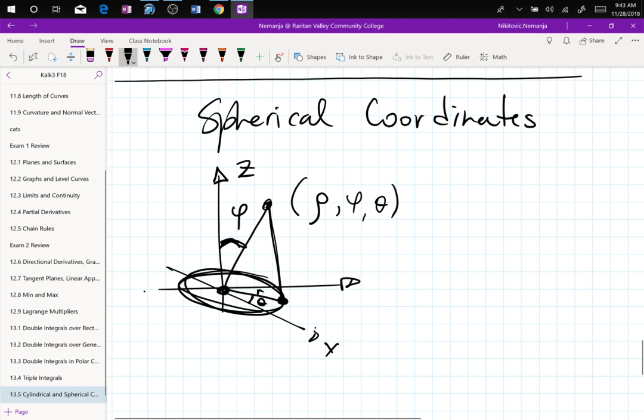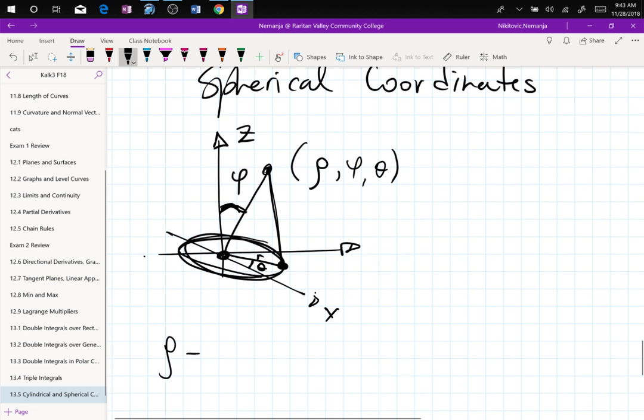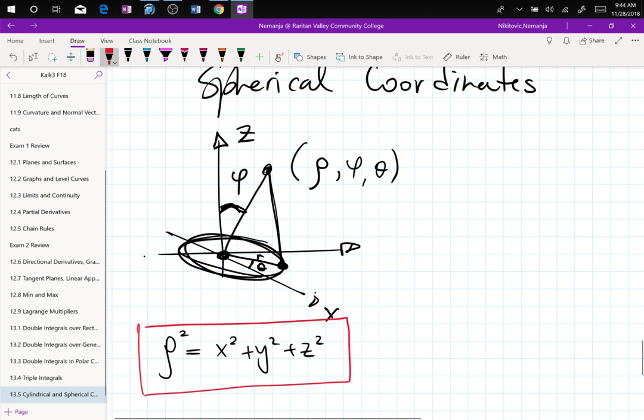And we do have rho squared is equal to x squared plus y squared plus z squared conversion. This is also an equation of a sphere. Hint, spherical coordinates, right? So here's one equation that would do conversions. And then we have these three equations.